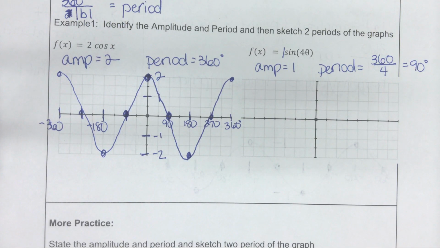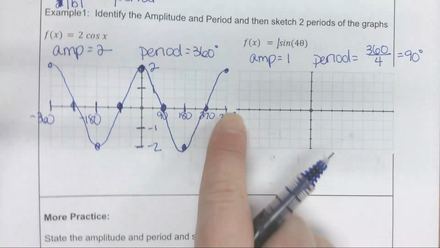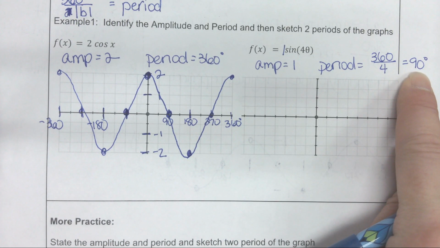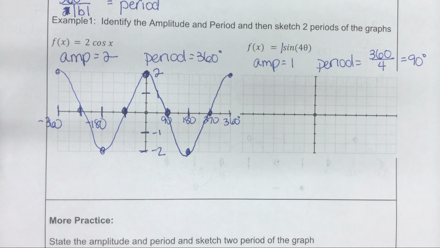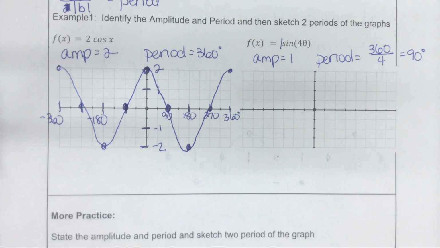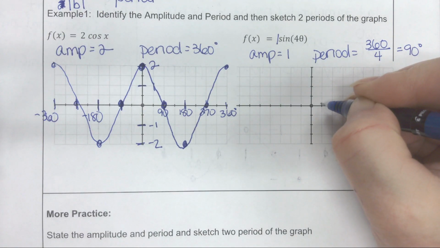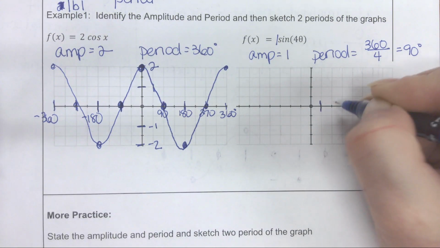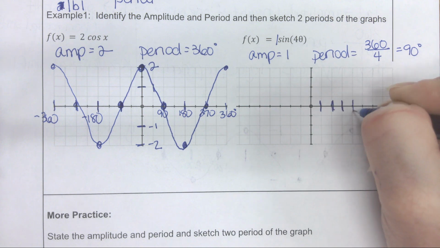Okay, now what I'm going to do now, I'm not going to totally keep this 360 the same, but I'm going to make sure that it has to complete one cycle in 90 degrees. So to fit this on my graph, I'm just going to scale that down, and remember I need 4 of them. 1, 2, 3, this will be my 90.